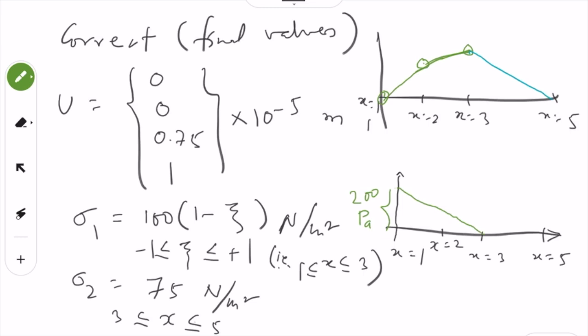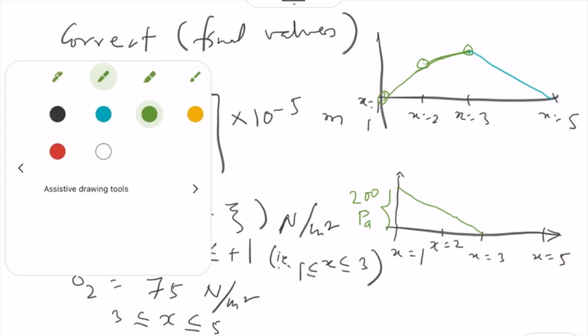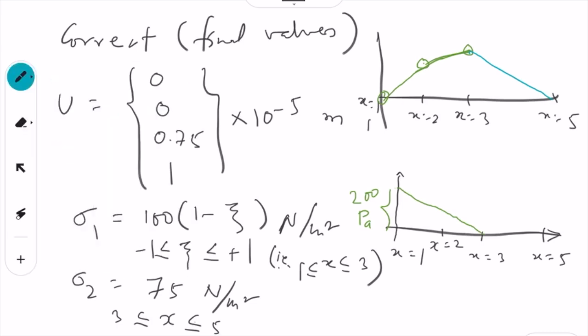Then 0 here, and then the stress will be 75 here.